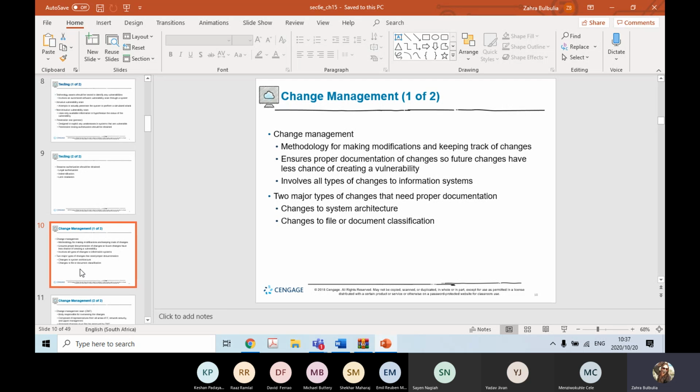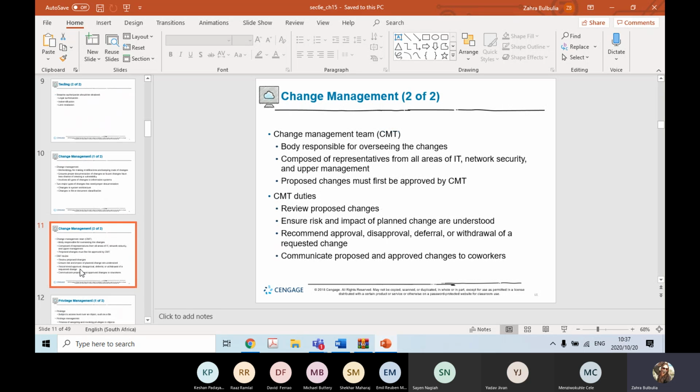There are two major types of change for documentation: changes to the architecture of the system, which basically refers to your whole system infrastructure, or changes to a file or document classification. You also have your change management team involved, the body responsible for overseeing changes that you make to your software.